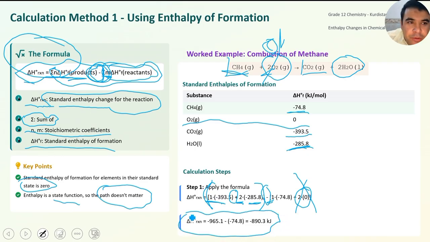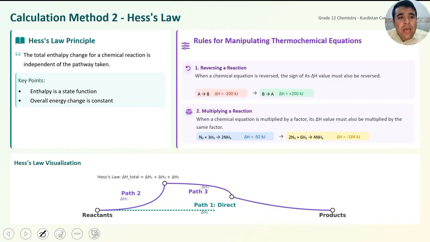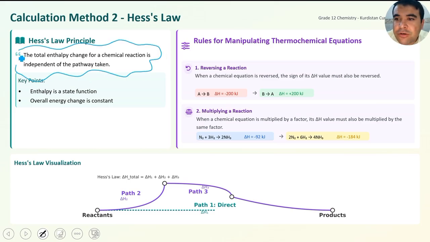That's the enthalpy of the reaction through the enthalpy of formation. We can calculate it. And the second way is by using Hess's law, guys. Hess's law talks about the total enthalpy of the steps in a process. When we add all the enthalpies of the steps, it results in the enthalpy of the reaction, guys.